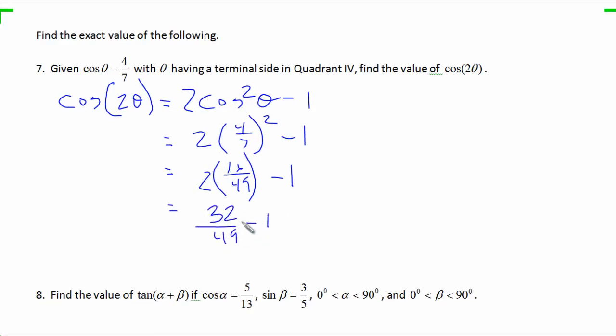Take away the 1, and then find the common denominator here, so 49 over 49. And this all equals negative 17 over 49. So we just used our double angle formula here for cosine right off of your note sheet. I already knew what cosine theta was, so I subbed it in, squared, and then proceeded to work.